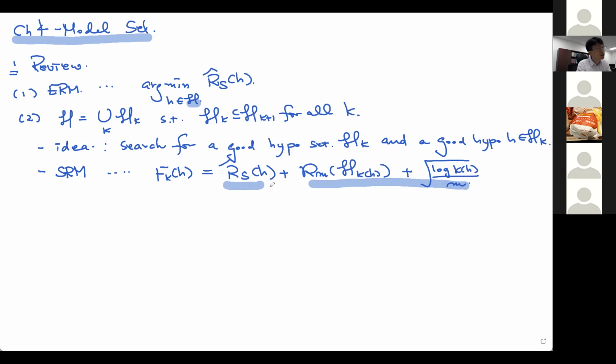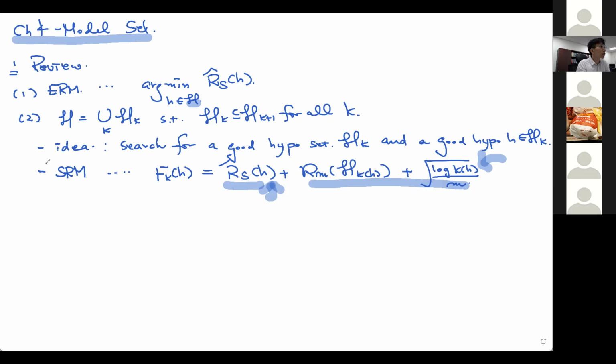If the hypothesis set is complex, this part will become small. On the other hand, if the hypothesis set is complex, the other part will become large. So you put the right balance between the complexity of the hypothesis set, the penalty that we pay for it, and the benefit that we gain from the complexity.